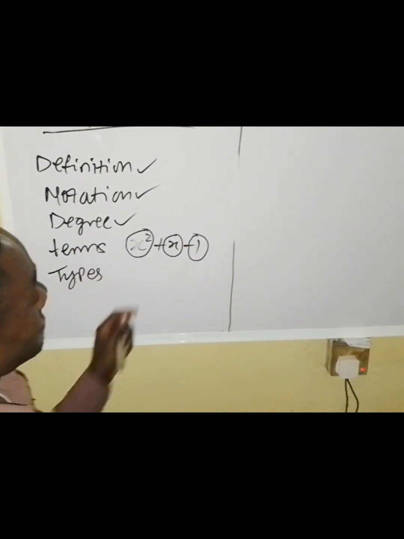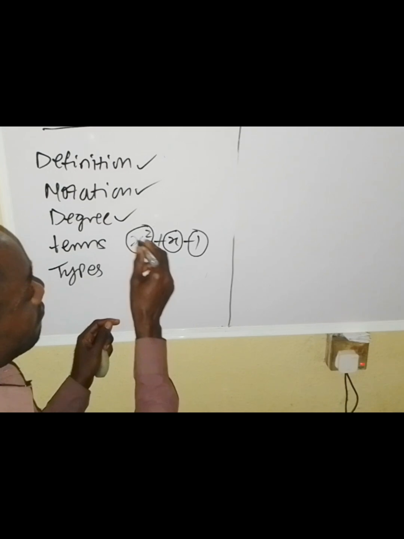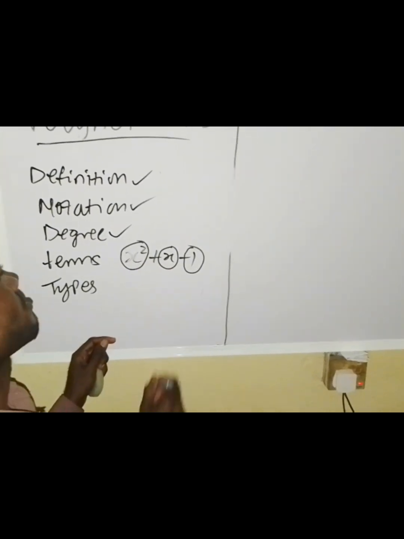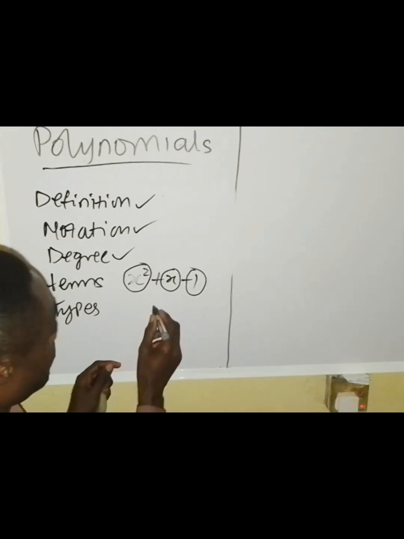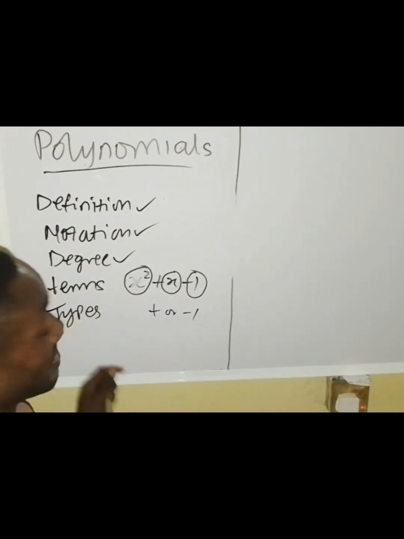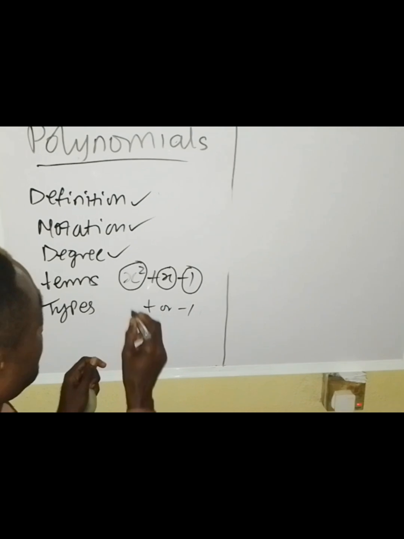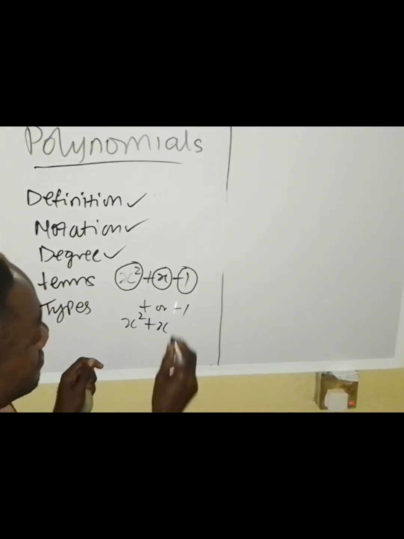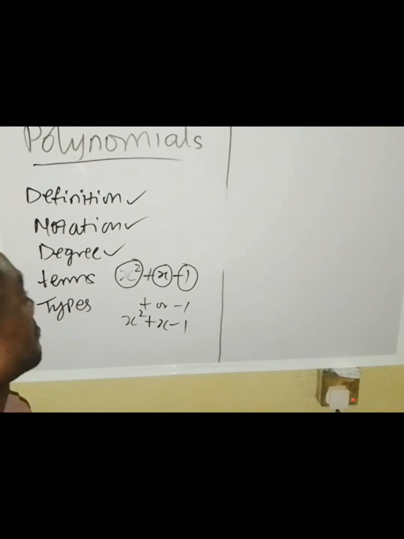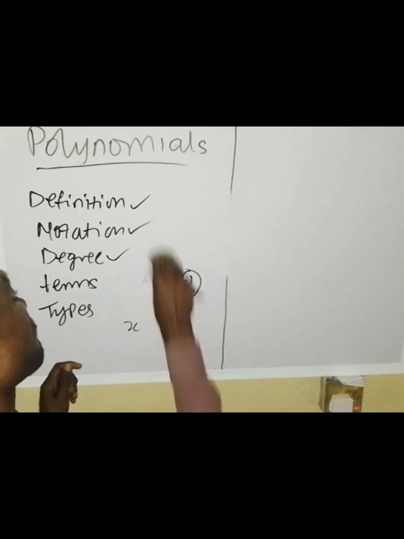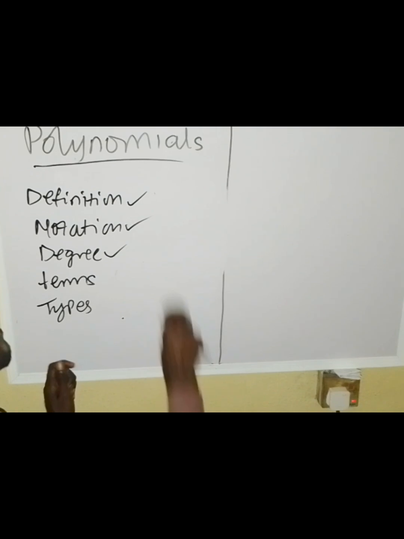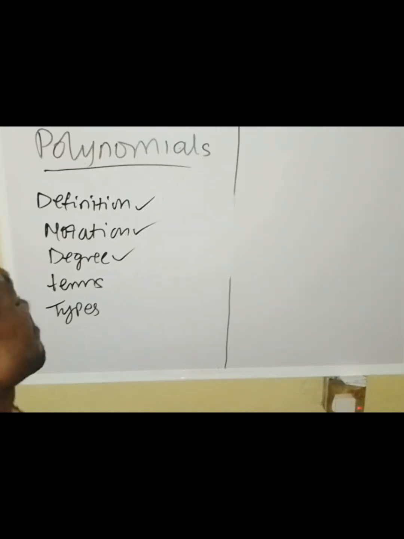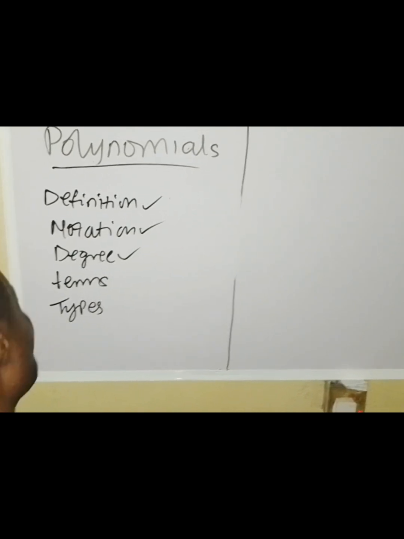So terms mean those parts of a polynomial expression that are joined with the help of arithmetic operations, plus or minus. The first term, x squared, is joined with positive x, joined again with minus 1. So that is what we call terms of polynomial.